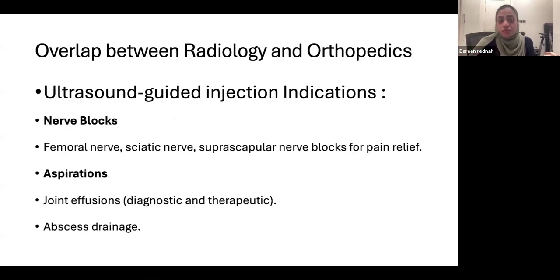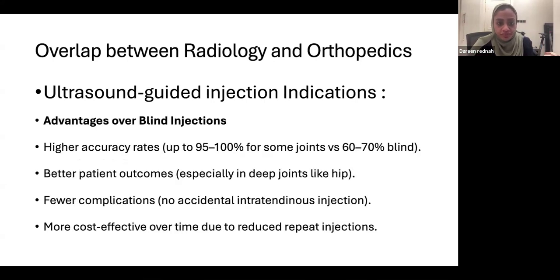Sometimes we do nerve blocks, femoral nerve, sciatic nerve, suprascapular nerve block for pain relief at the clinic, or aspiration like joint effusion, diagnostic and therapeutic, or in abscess drainage. So we have, as I said, blind injection, and the new one is ultrasound guided injection.